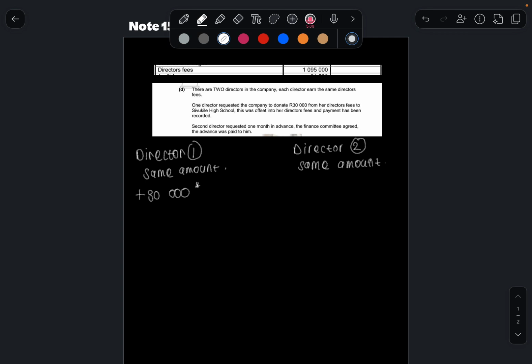Now about the second director. The second director requested 1 month in advance. The finance committee agreed. Thus, the advance was paid to him. Okay, so we know that our income statement incorporates 12 months. Whatever happens outside the 12 months is not supposed to be part of our income statement or our statement of financial position.